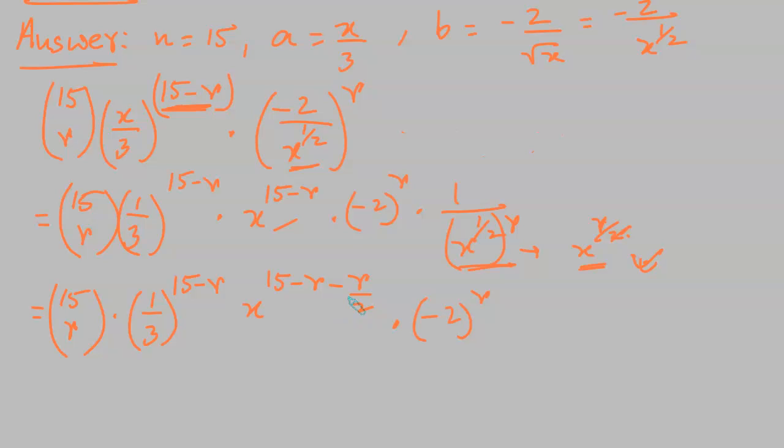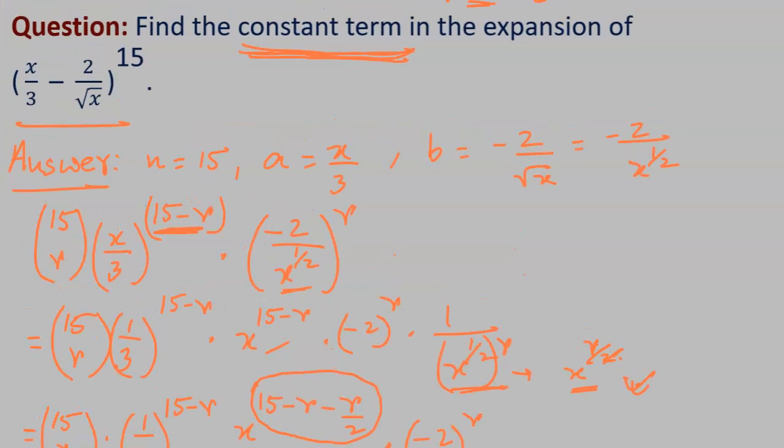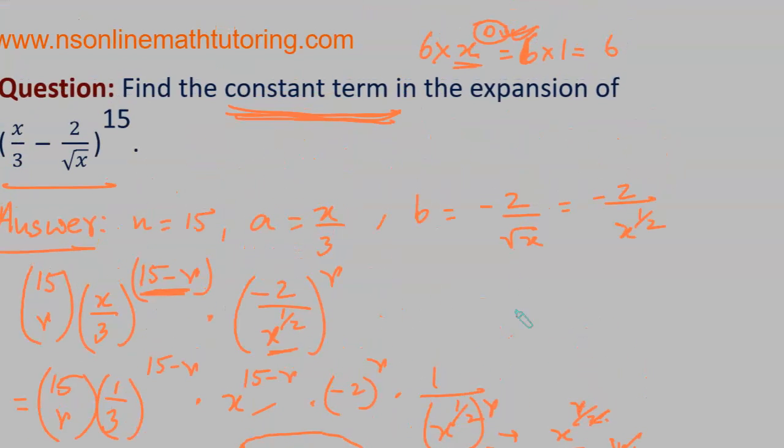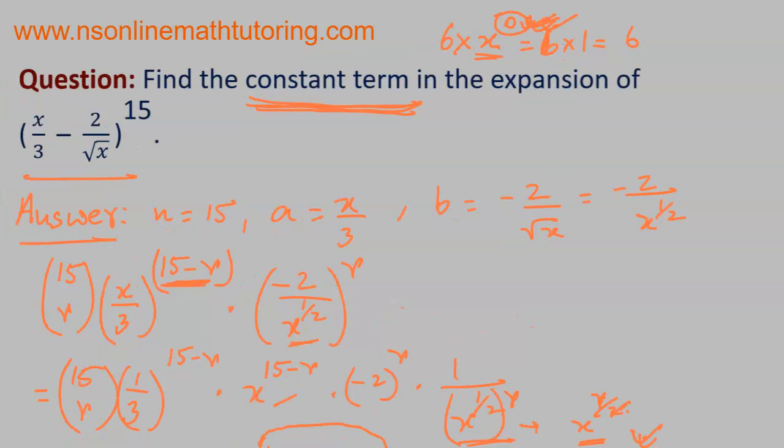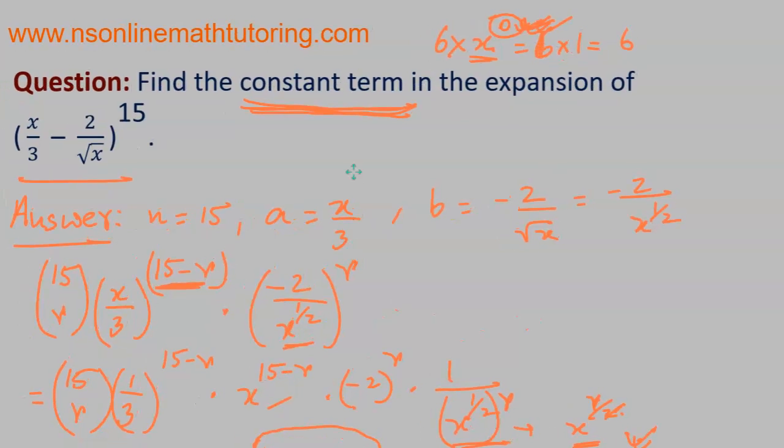Okay. And now this is the final power expression of x. And this should get equated to what? This should get equated to x to the power of 0, because it is the constant term.